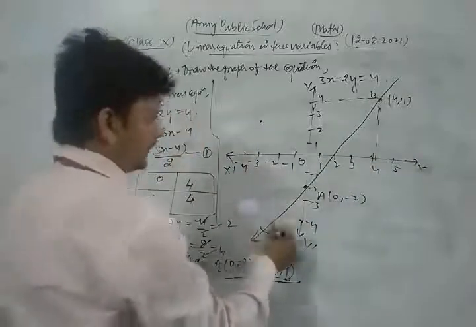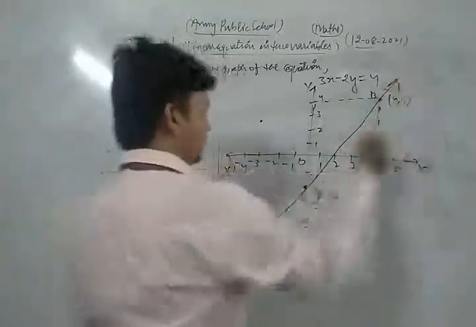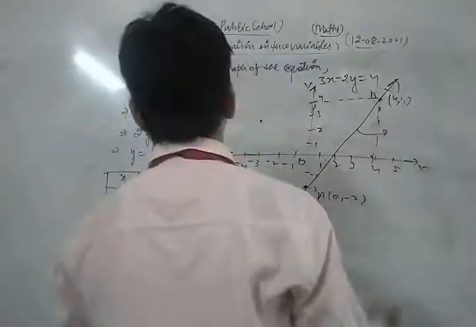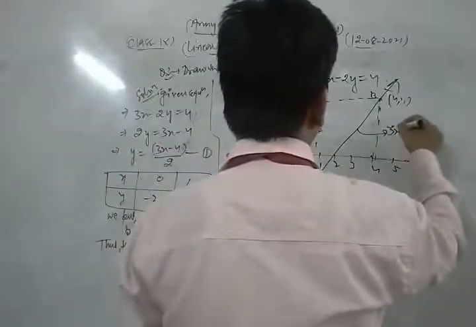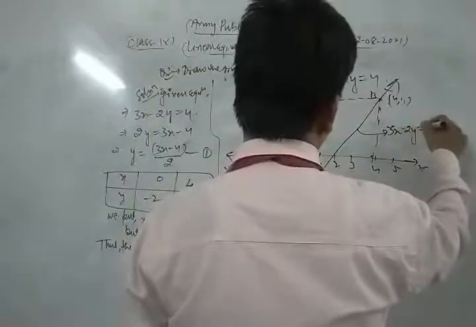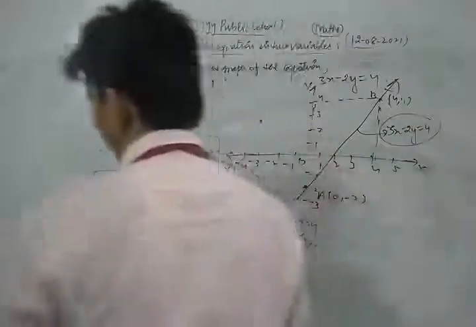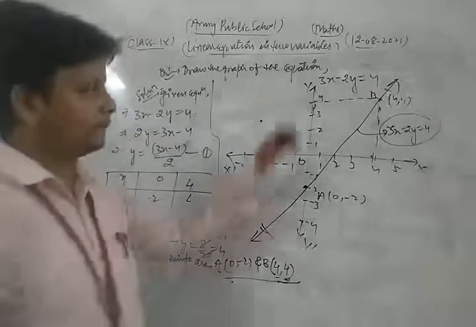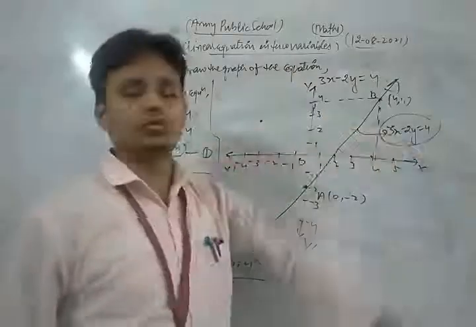If we join them, then we get a straight line. So this is the graph of the equation 3x minus 2y is equal to 4.